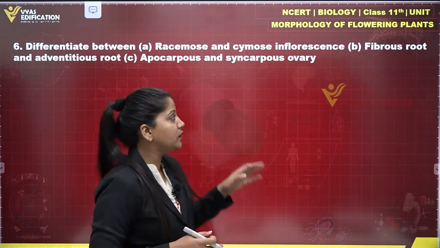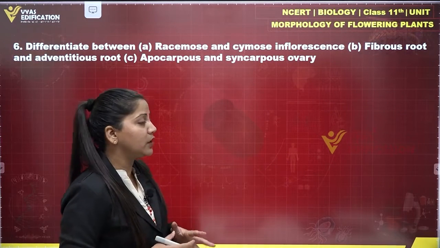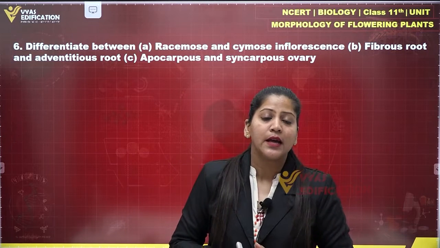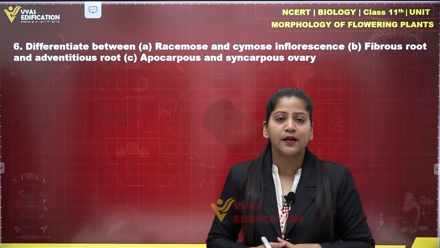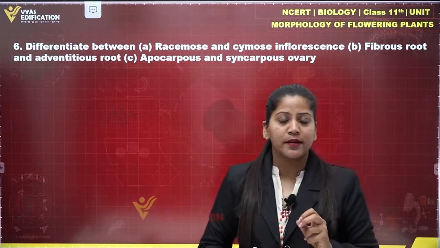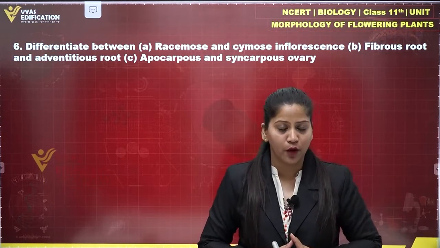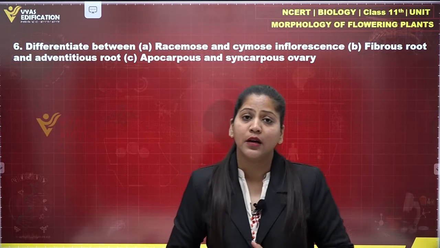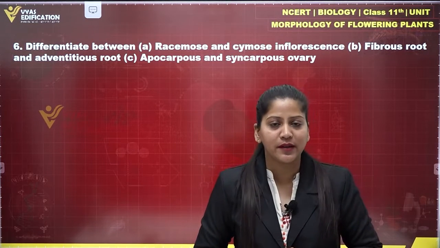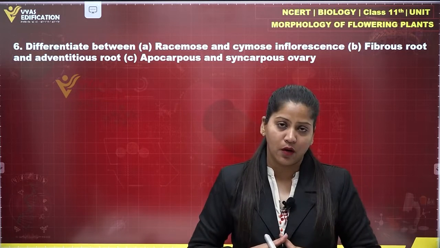Then if we talk about the next type, that is cymose inflorescence, in this type of inflorescence, the younger flowers are situated at the base of this inflorescence, and the older flowers are present at the tips.